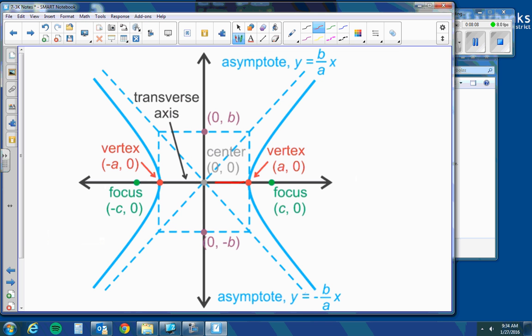And they don't call it major and minor because the transverse axis isn't always the biggest. It could be smaller, it could be equal. You don't have that kind of relationship. So this one's called transverse. The other one, they call the conjugate axis.